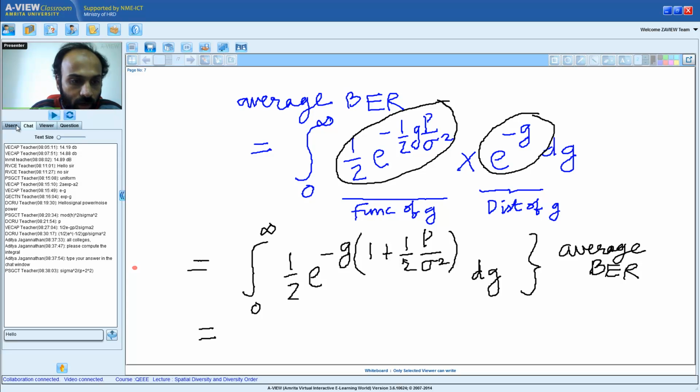Alright, PSGCT, I'm getting the answer. That is correct. VCAP also I am getting the answer correct. Can someone else also prompt me the answer? Any other college also has the answer? PSGCT has already replied, VCAP has already replied. I think both of them have the correct answer. Can someone also reply what is the answer to the above integral?